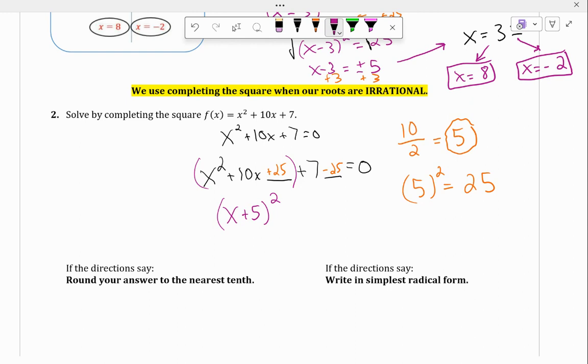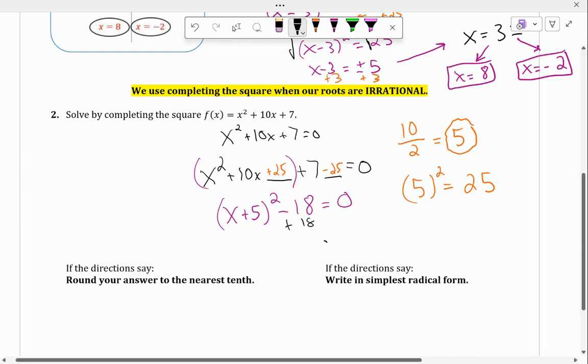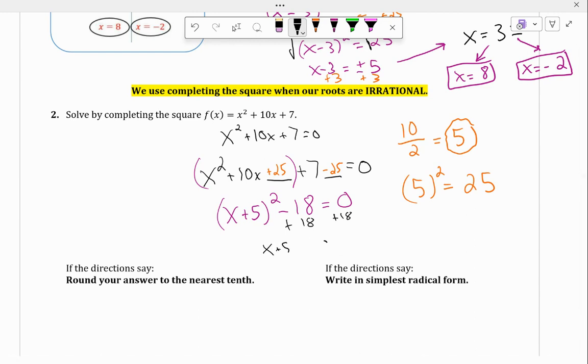That's my circled number. And then combine like terms, which is going to be minus 18 equals 0. All right, so let's just follow the steps. From here, I'm going to take the square root of each side. Oh, nope, tricked you. I am going to add 18 to each side. We got to get the constant moved over first. So now we have x plus 5 squared equals 18.